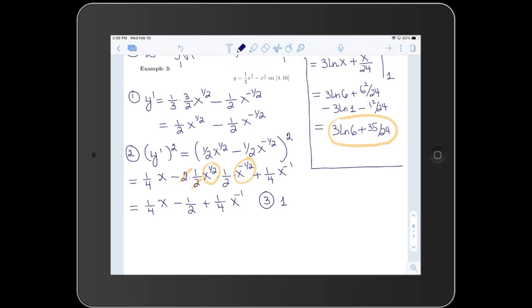Let's go ahead and add 1 to this expression. This is y prime squared. 1 plus this, you will notice that we're going to get 1 minus 1/2, so exactly the same expression, except we're going to get positive 1/2 in the middle. And that is a perfect square of 1/2 x^(1/2) plus 1/2 x^(-1/2).